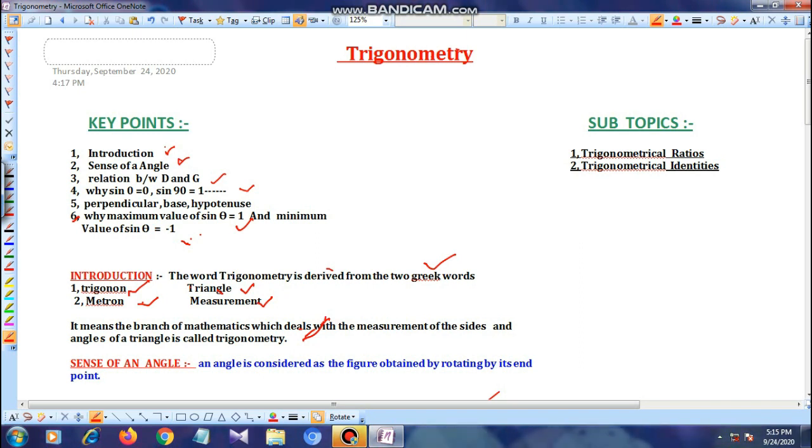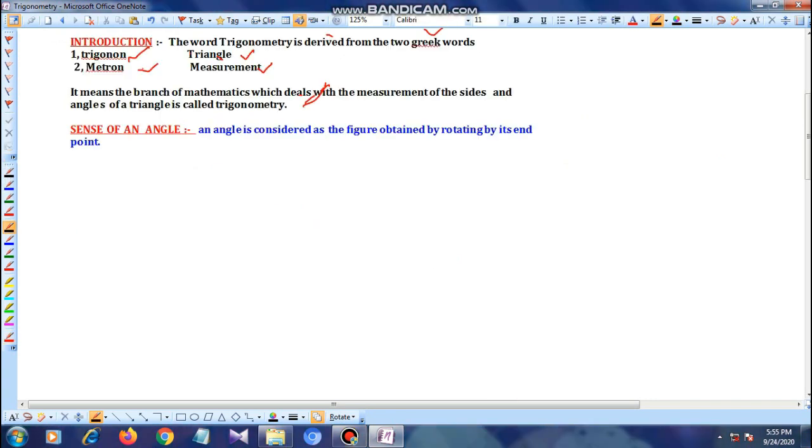Now sense of angle. This sense of angle is very useful to understand trigonometry. It has a very important role in this topic. What is angle? An angle is considered as the figure obtained by rotating its endpoint.